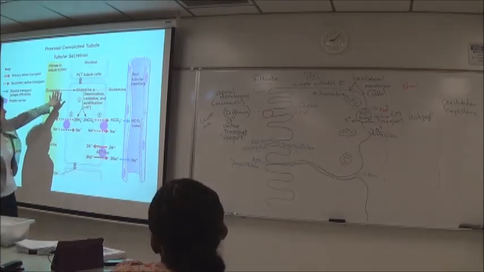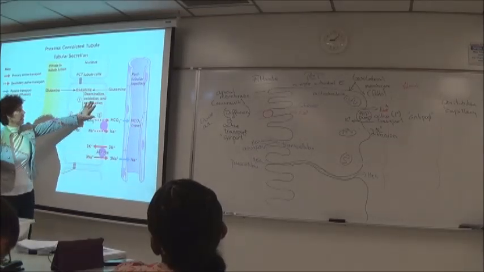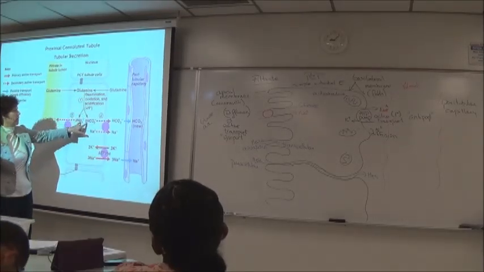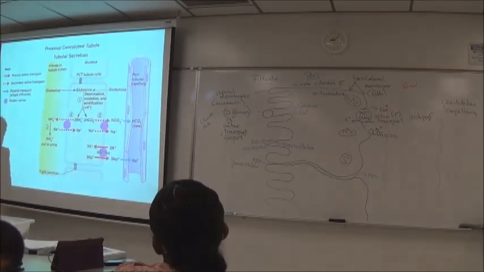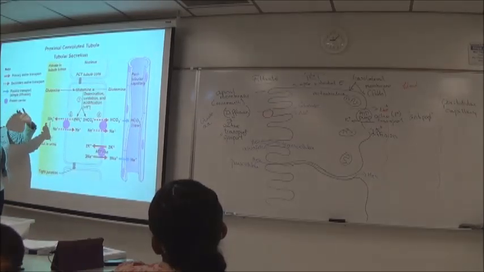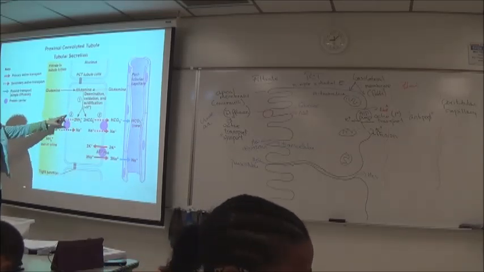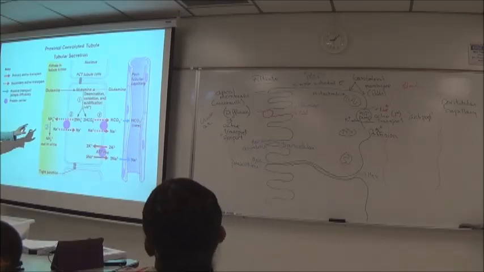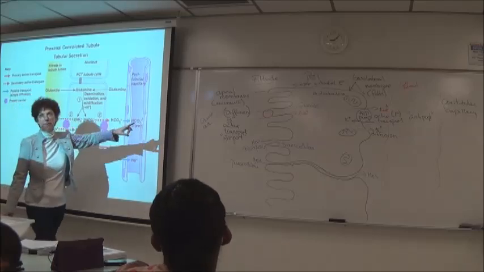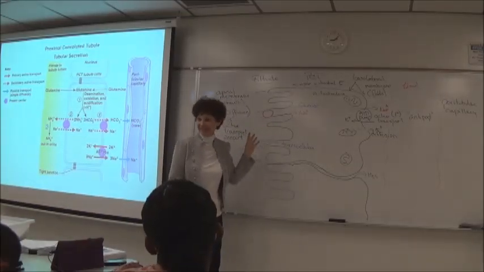And here are amino acids, some were filtered, here amino acids are secreted, and both of them end up being broken down to form ammonium ions and bicarbonate ions. And ammonium ions, this is already in your lecture notes, so I'm not going to re-diagram it. But notice here we have secondary active transport, but with an antiport. The secondary active transport that I showed you here with glucose and sodium were symports.